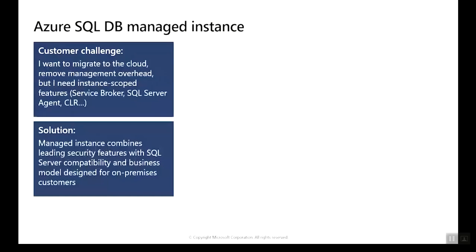So managed instance depends on a lot of other different Azure services like Azure Storage for backups, Azure Event Hubs for telemetry, Azure Active Directory for authentication, Azure Key Vault for transparent data encryption, and a couple more other Azure services that provide security and supportability features. So the managed instance is essentially a setup of all these services that has already been done for you to really help relieve some of those administrative efforts so that you don't have to do it.